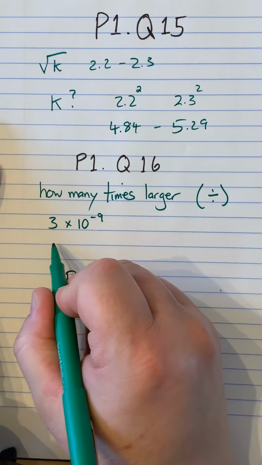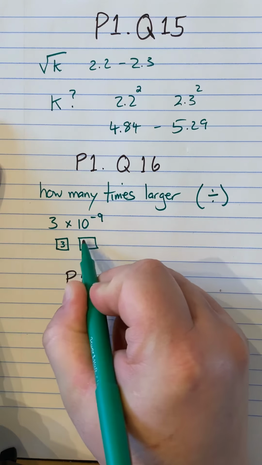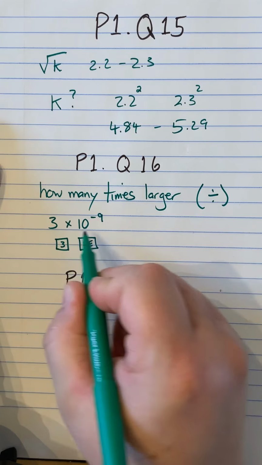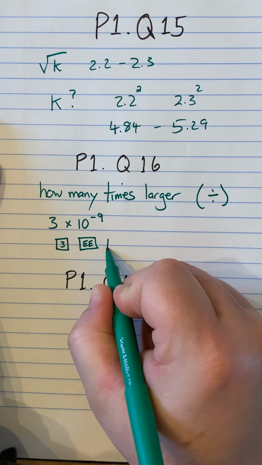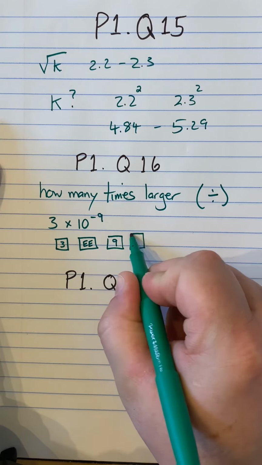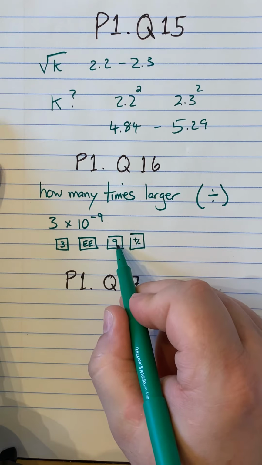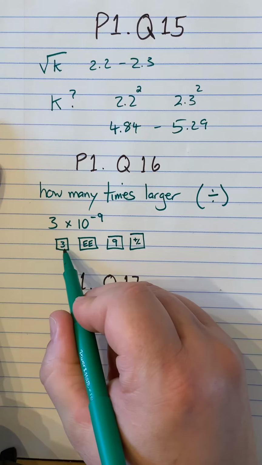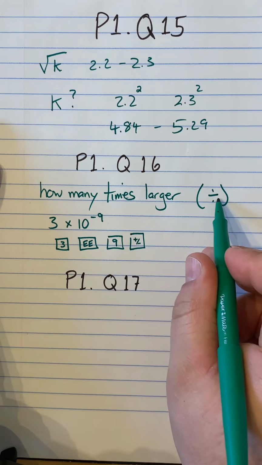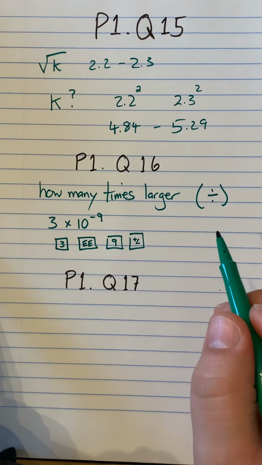Well, I would literally type the button 3 and then the EE button, and the EE button takes the place of the times 10. Then I will need to type in the 9 button, and then usually there's a button that looks something like this with a plus and a minus that'll change that 9 to a negative. So you type your number into the calculator like this, scientific notation, then divide, and then put in the second number.